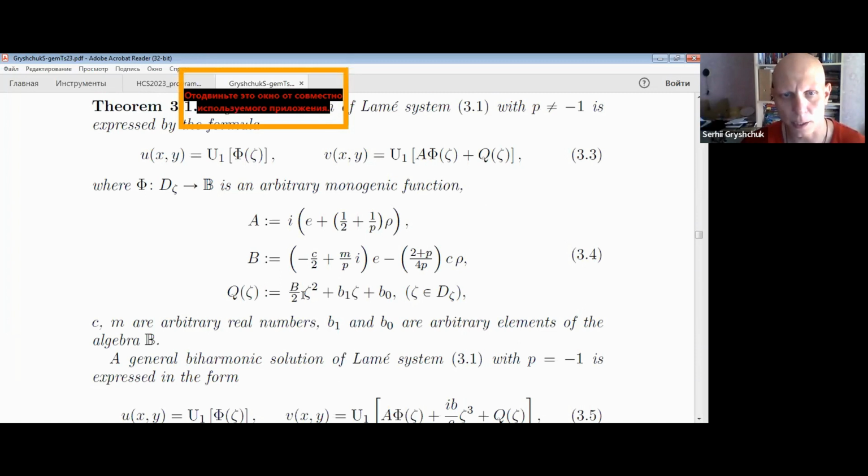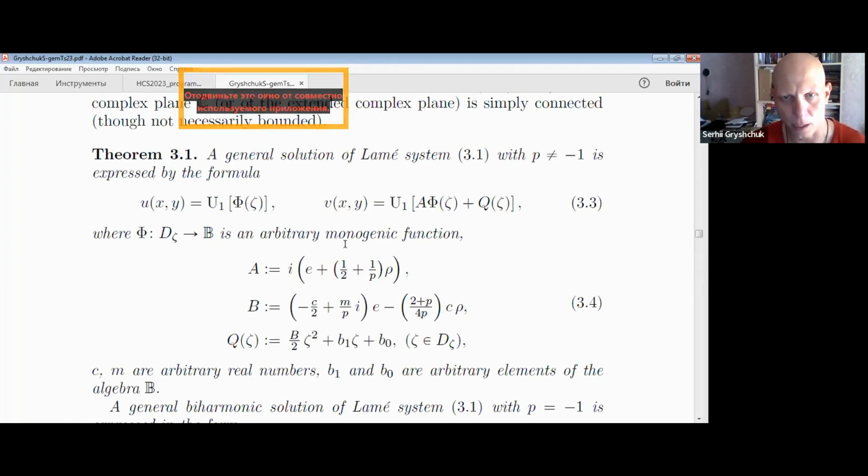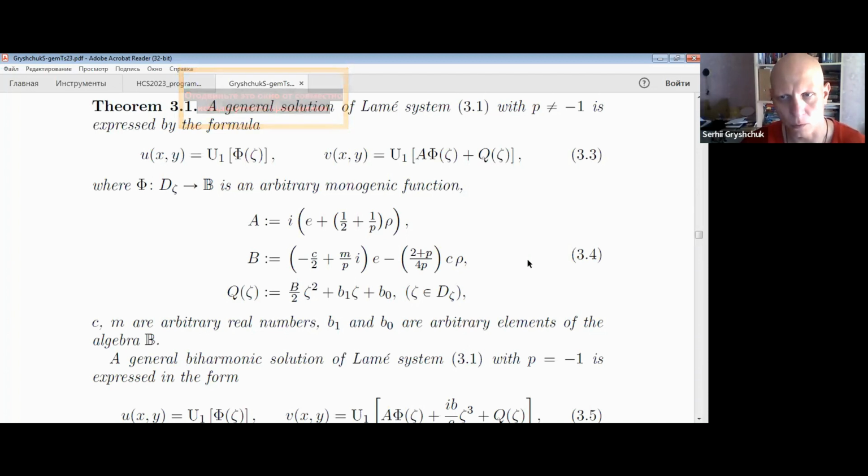Q is also a polynomial of the second order. A is given by such a formula, P by the following formula. Here C, M are arbitrary real numbers.